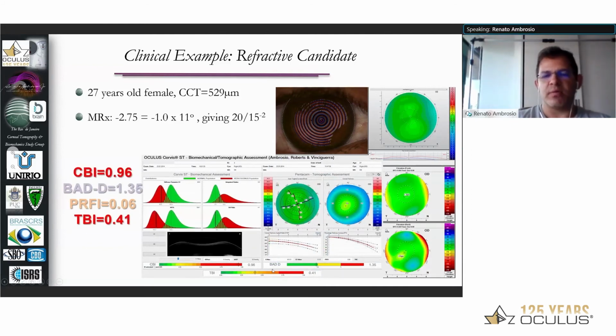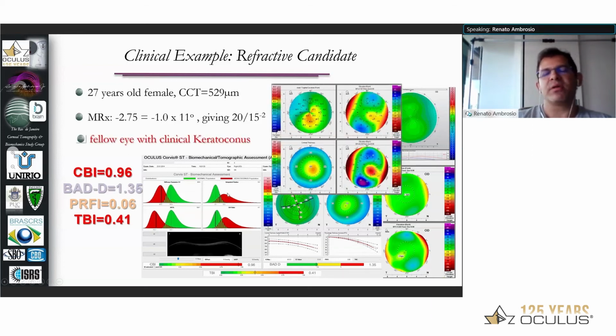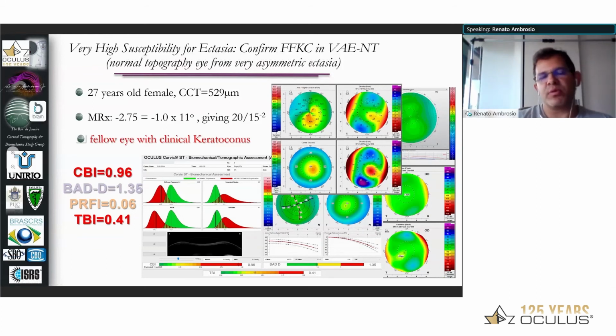This is a relatively susceptible cornea. You see the stiffness parameter is in the red range, the ARTh. This is a patient that has a fellow eye with a mild clinical keratoconus. So this patient is a good example in which you enhance the sensitivity for detecting high susceptibility for ectasia, which you can call forme fruste or not, but this patient has an abnormal cornea in the right eye.